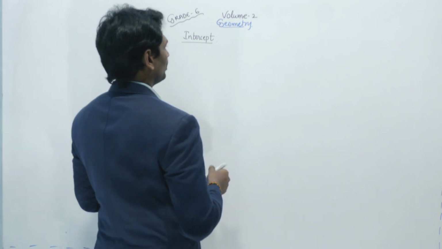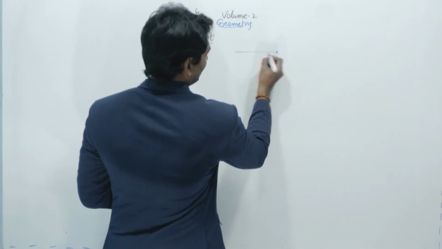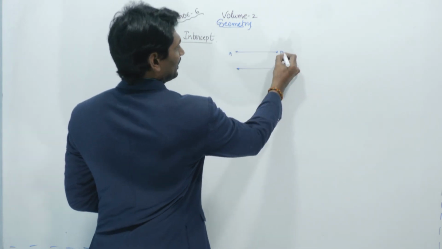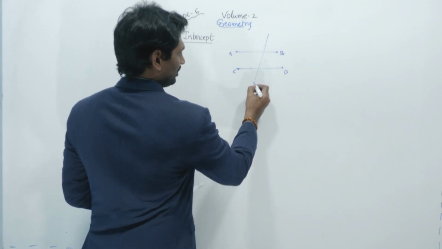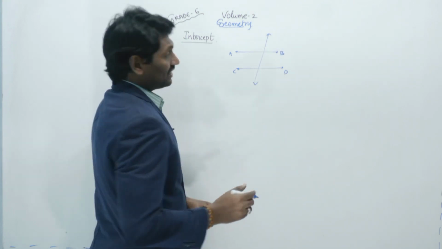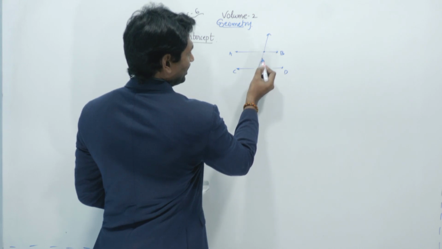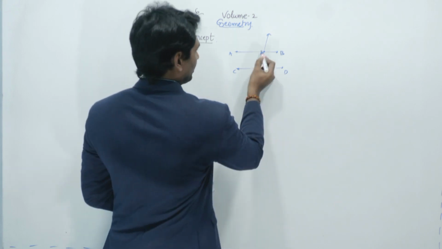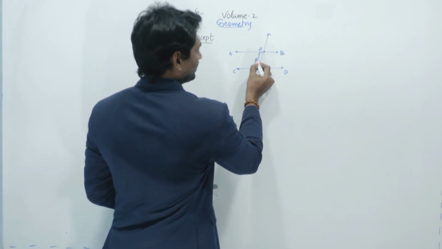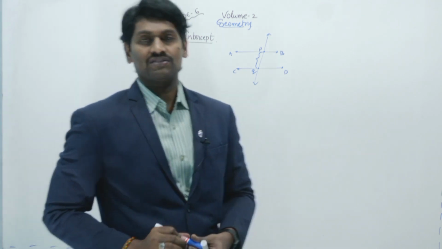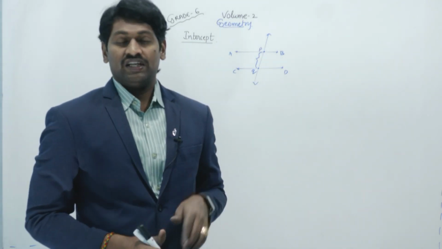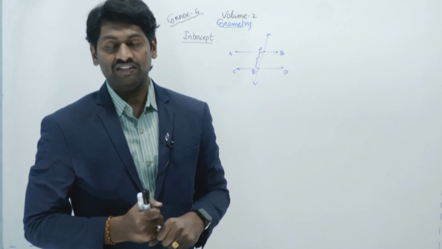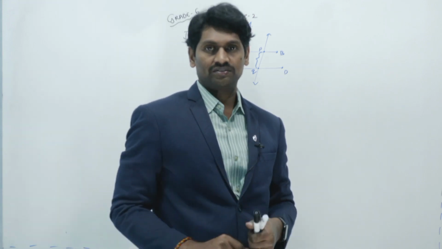For example, if you take any two lines AB and CD, L is a transversal, and this transversal intersects the remaining two lines at two different points, like P and Q. Now the distance between P and Q, the part of the transversal line which lies exactly between the two points on the lines, is called the intercept.